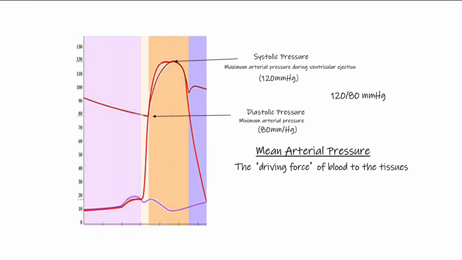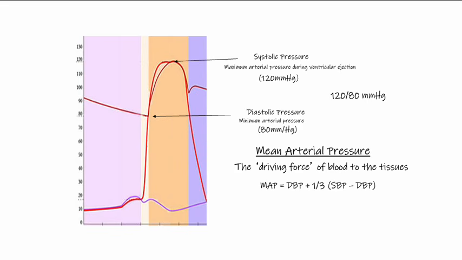So the mean pressure is going to account for this. The way this is calculated is by taking the diastolic blood pressure and adding to that 1/3 the difference between systolic minus diastolic. Now we are not going to be calculating mean arterial pressure in this class. That's a simple and unnecessary process to do.